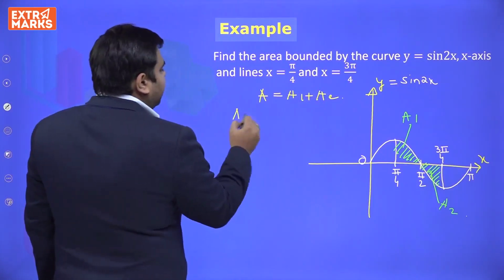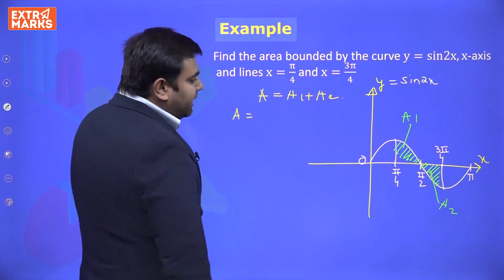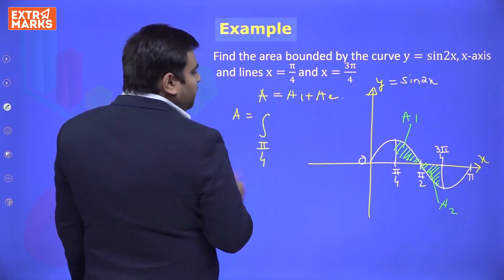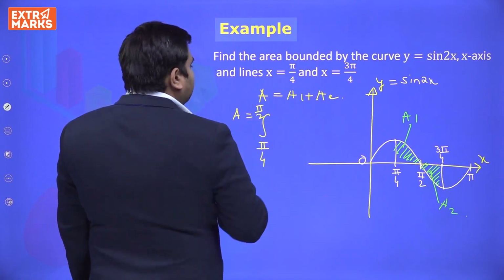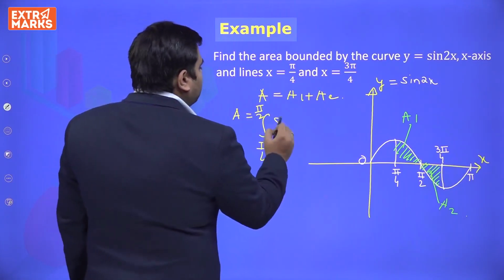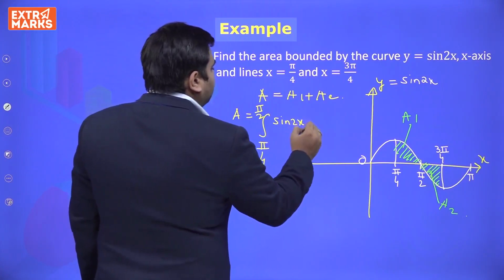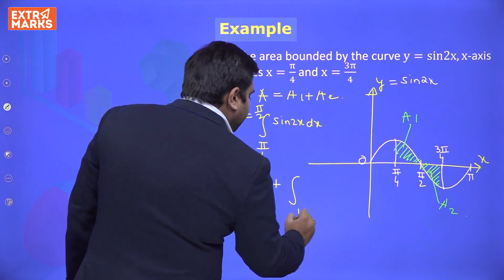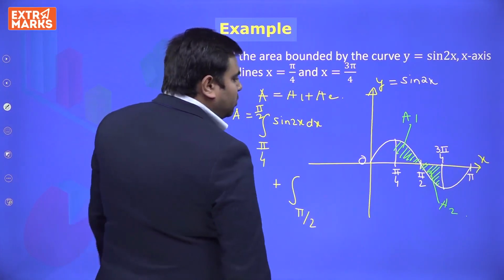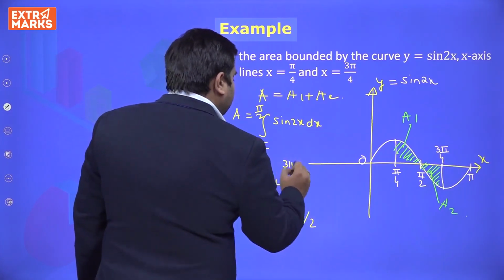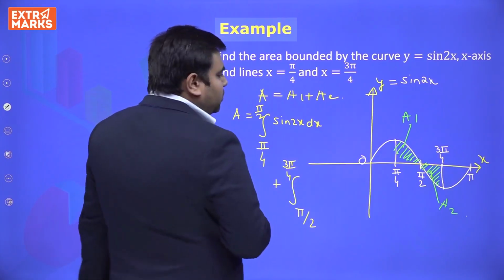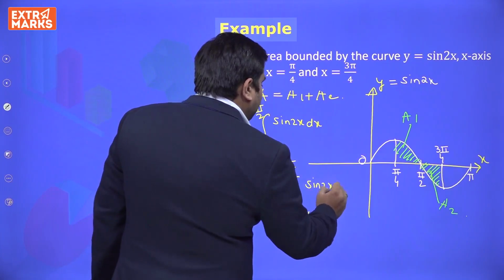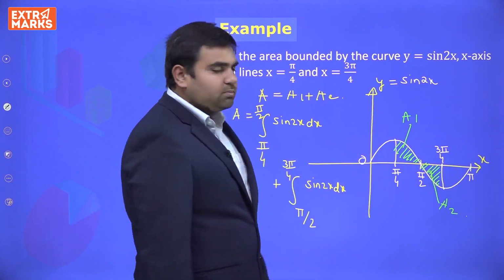For calculating A1, integral from pi by 4 to pi by 2 of sine 2x dx, plus integral from pi by 2 to 3 pi by 4 of sine 2x dx.